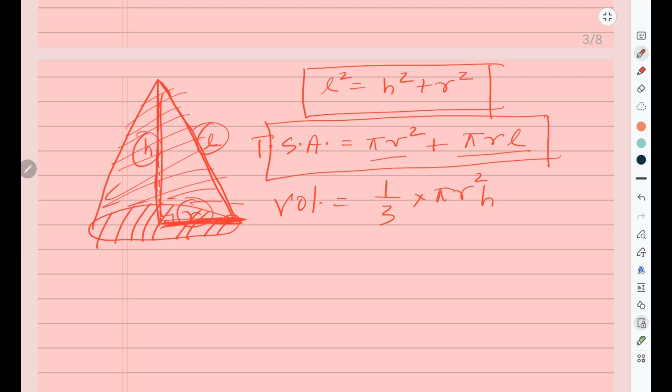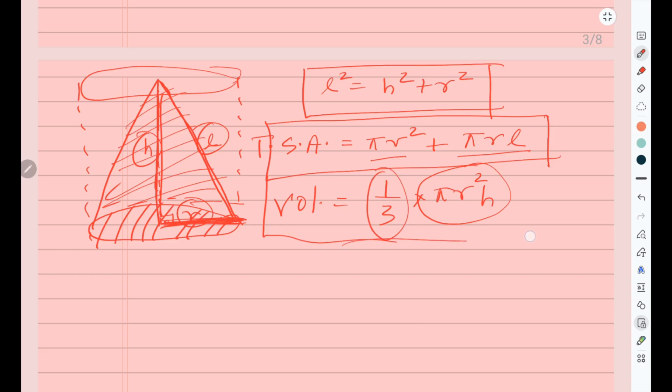Remember that if it would have been not 1/3 but only pi r square h, then it would have become a cylinder. Okay, so compared with the equivalent cylinder, the cone just has 1/3 of the volume. So you have to remember this formula. Volume is equal to 1/3 pi r square h.